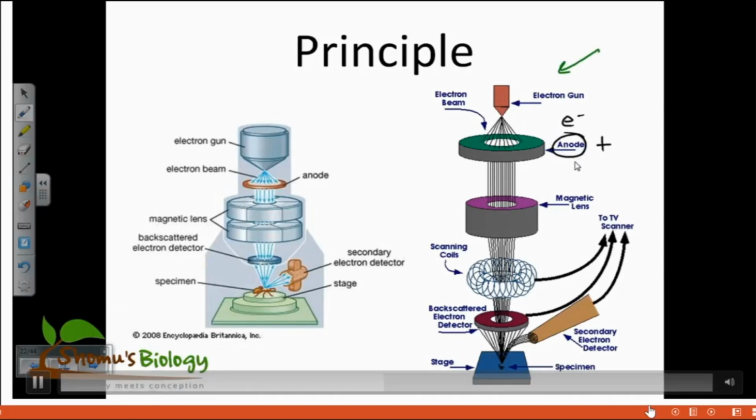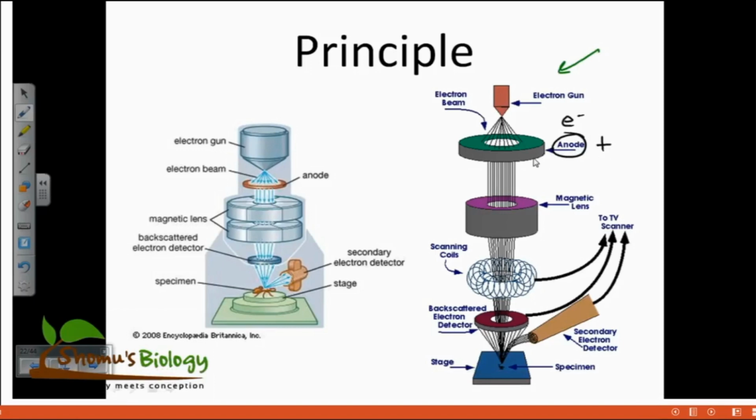Electron is negatively charged, so electrons will be attracted towards the anode and accelerated, and through that process they should be collimated, arranged together as a strong beam. For that they need this magnetic lens, like the condenser. This acts as the condenser here, because it will condense all the beams of electrons that are coming in, so that they can be focused tightly on a particular point of the sample.